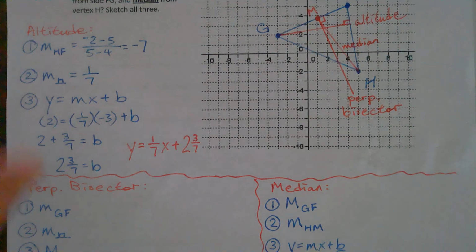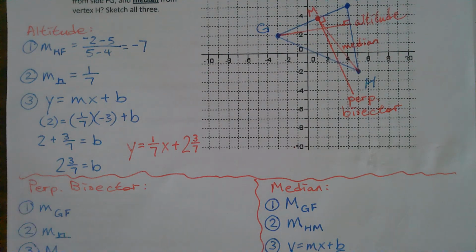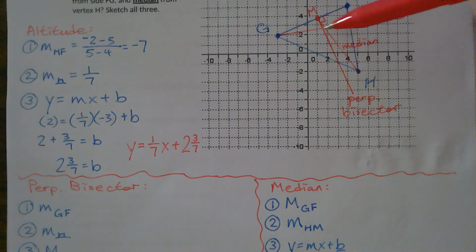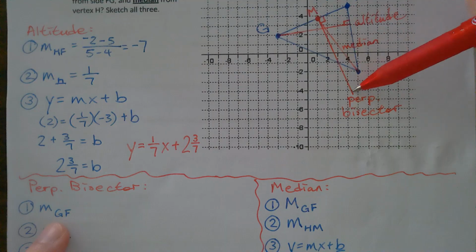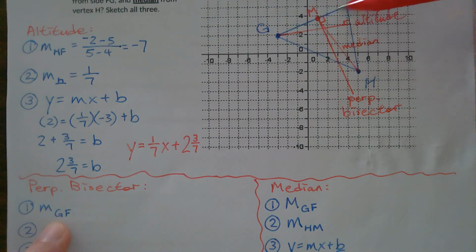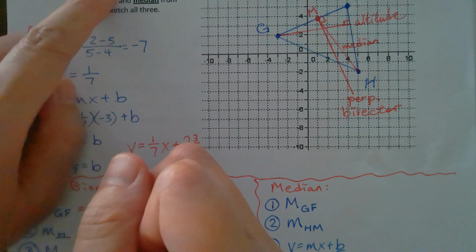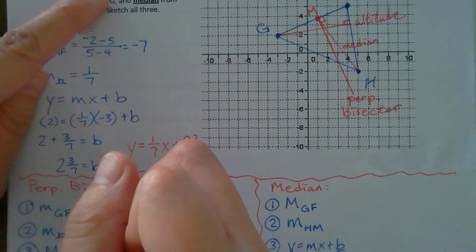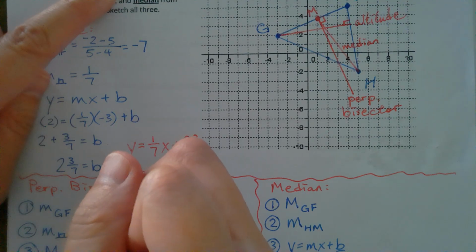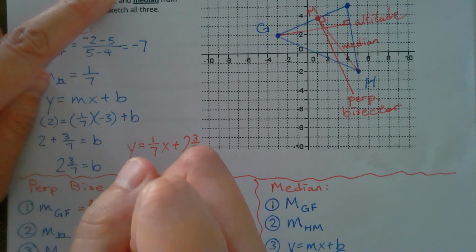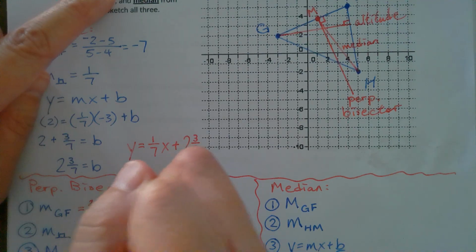Okay, so yesterday I broke it down for you guys. Perpendicular bisector, I'm trying to find the equation of this red line right here. So first off, I have to find the slope of GF, because in order to find the slope, I need 2 points. So slope of GF is 2 minus 5 over negative 3 minus 4.